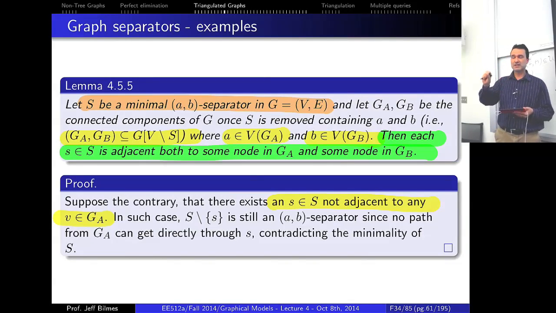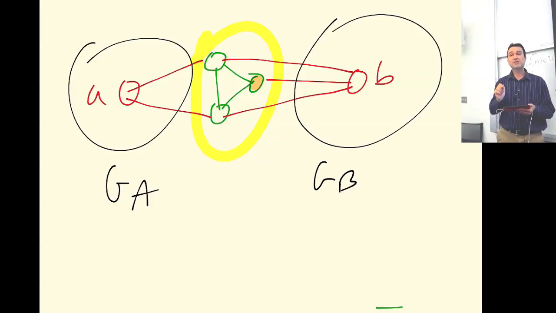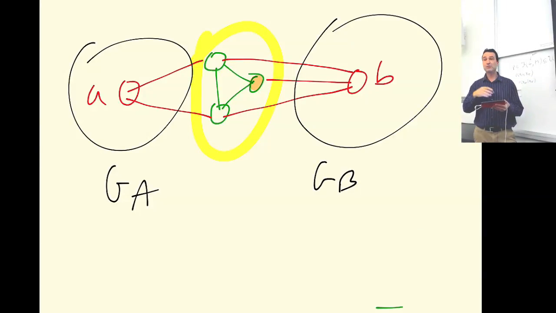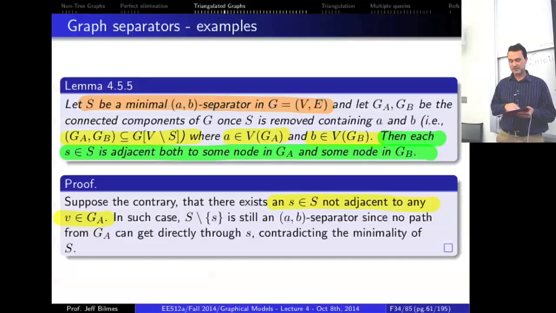There's no way of getting from this orange vertex to anything in GA without going through something else that's in S. Right? And so therefore, this guy that I highlighted in yellow can't be minimal, which contradicts the minimality of the separator.